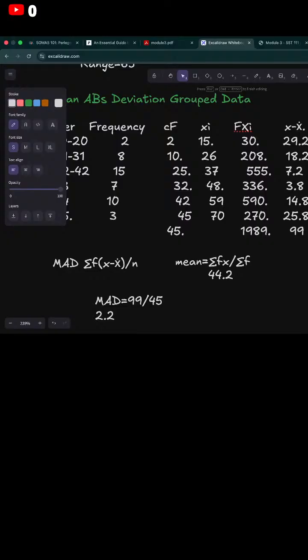So let's continue. Frequency times x minus mean.